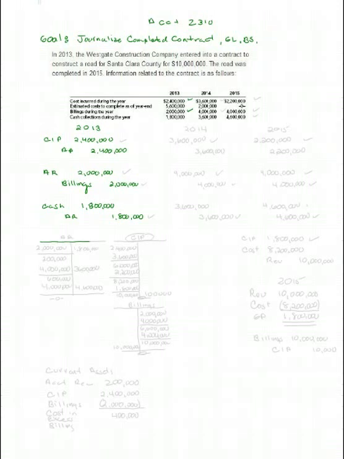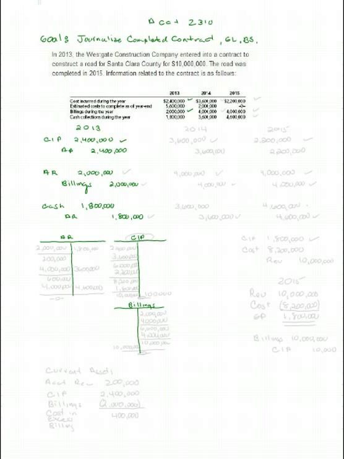So we'll go ahead and make our T accounts. We have accounts receivable. I'll make it a little bigger this time and they won't run out of room. Construction in progress, and billings, accounts that are of interest to us.